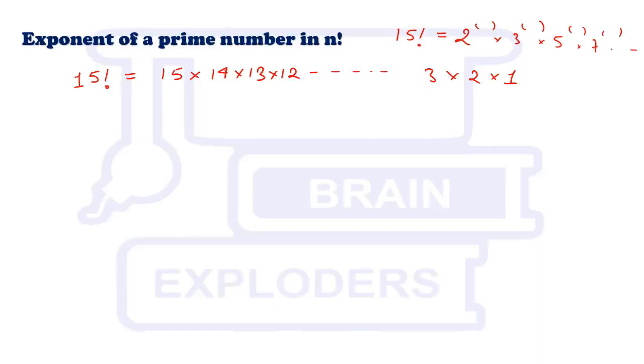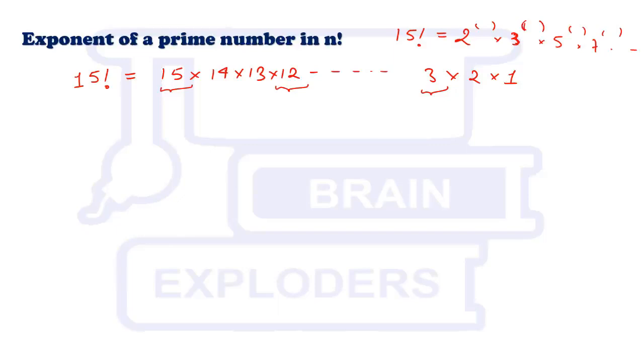Now the question is to find the power of 3. Say we have to find what will be the exponent of 3 in the prime factorization of 15 factorial. So at first it seems easy. Let's just identify all the numbers which are multiples of 3 present in 15 times 14 times 13.